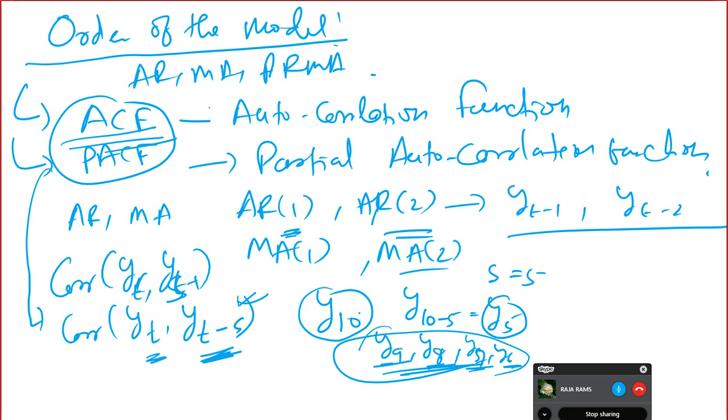If you want to learn more about the derivation of these functions, you can watch the video on time series theory on my YouTube channel, where I have explained it properly and done the derivation also. But here we'll just see the significance.